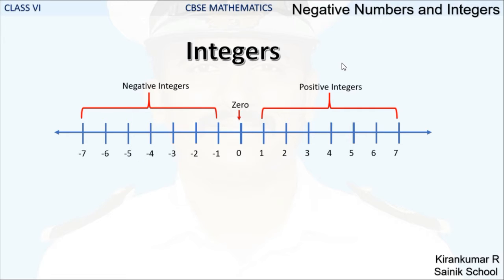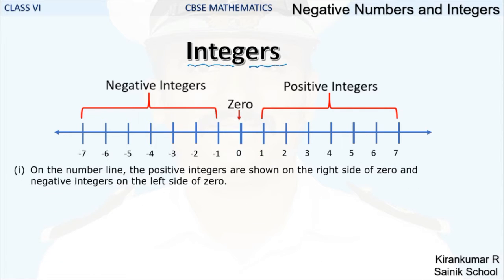When we consider the negative numbers, positive numbers and 0 together, it forms the set of integers. They are called integers. So the set of integers contains all the negative numbers, all the positive numbers along with 0.